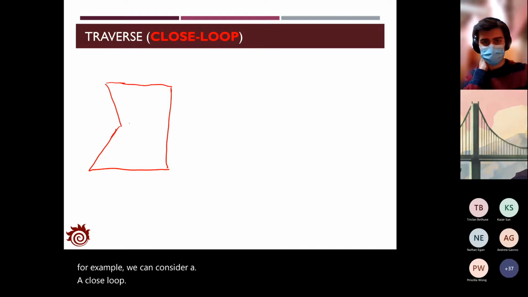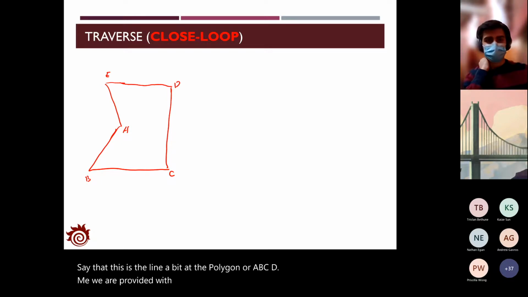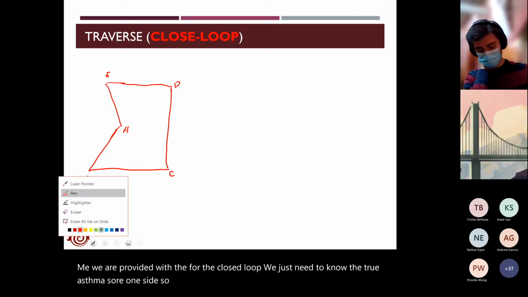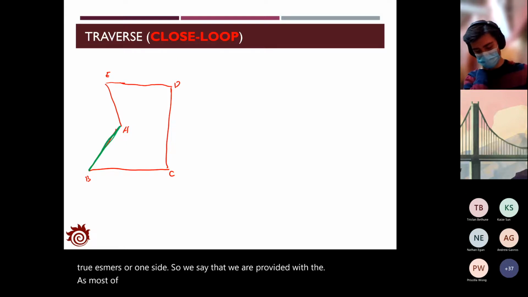Say this is the polygon A, B, C, D, and E. For the closed loop, we just need to know the true azimuth of one side. So we say we are provided with the azimuth of the line AB.